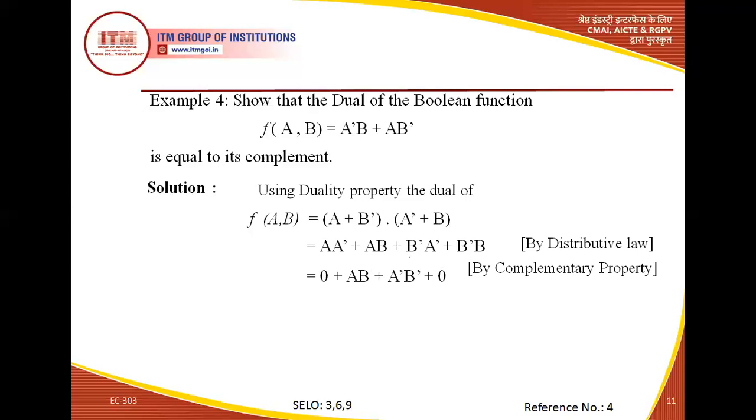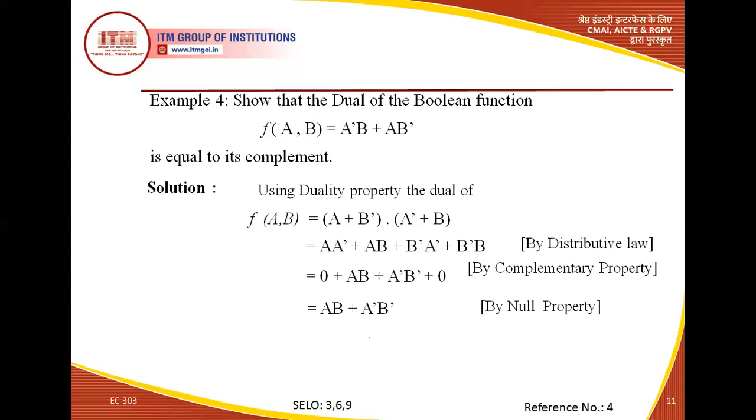By using the commutative law we can change the position of variables, so it can be written as ab plus a dash b dash. And 0 plus anything, by the null property, gives ab plus 0, a dash b dash plus 0 equal to a dash b dash. So if we simplify the given dual function, we get ab plus a dash b dash.